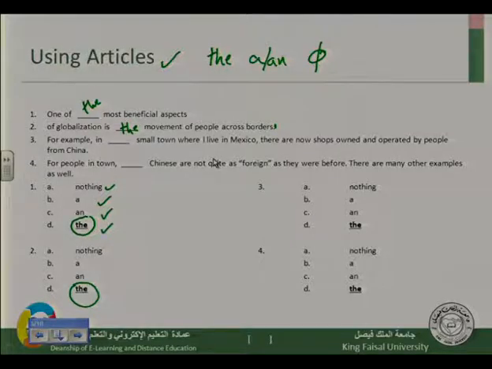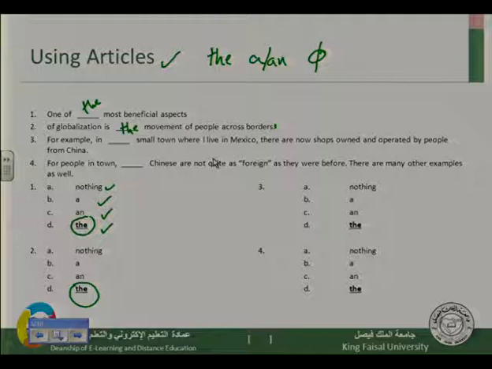But when you say one of a, what is one of a? There is no one of a, because you can't decide on something and then decide that you're not decided. It doesn't work that way. So it's specific. You've specified it when you said one of the. So one of the most beneficial aspects of globalization is. And of course, since the first one is definite, the other one has to be definite as well. Okay, is the movement of people across borders.